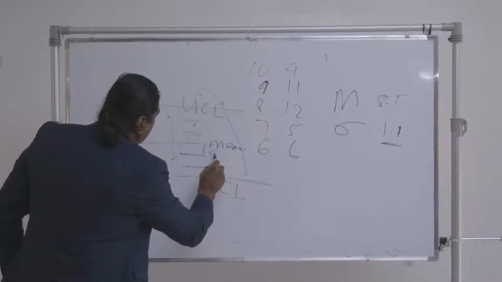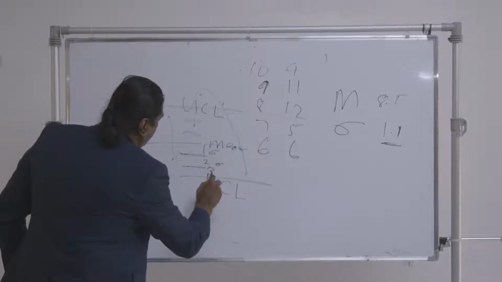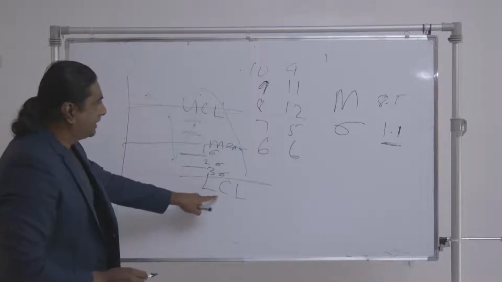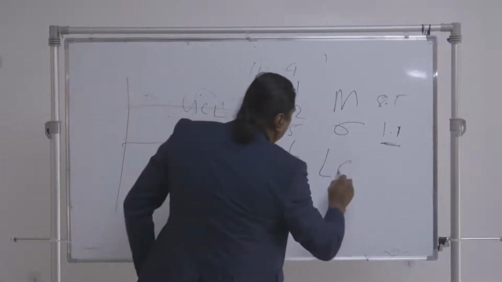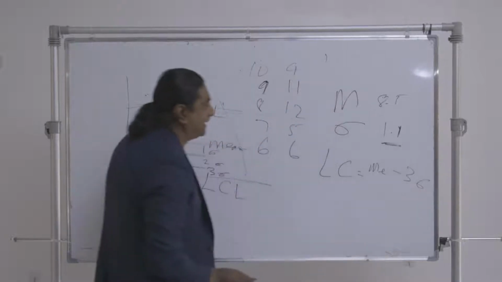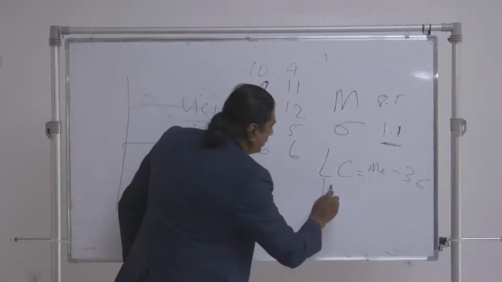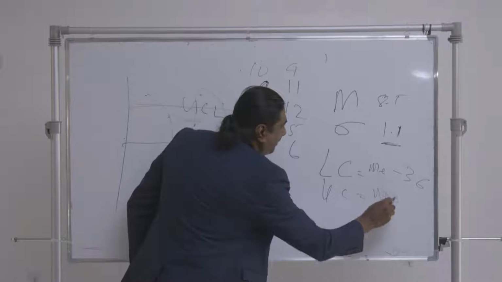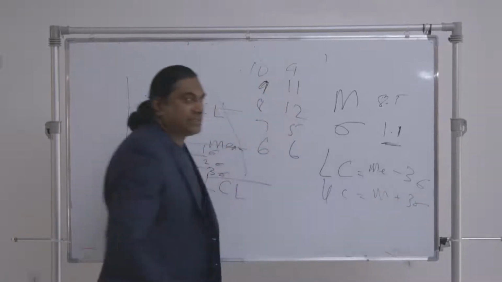That's 1 standard deviation, that's 2 standard deviations, that's 3 standard deviations. The lower control limit is the mean minus 3 standard deviations. The upper control limit is the mean plus 3 standard deviations.